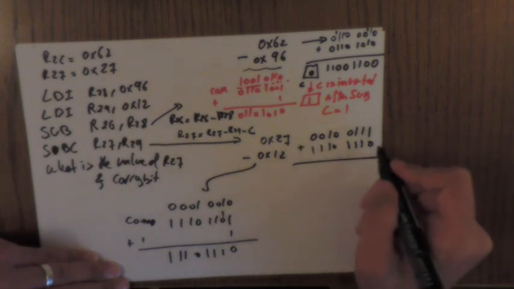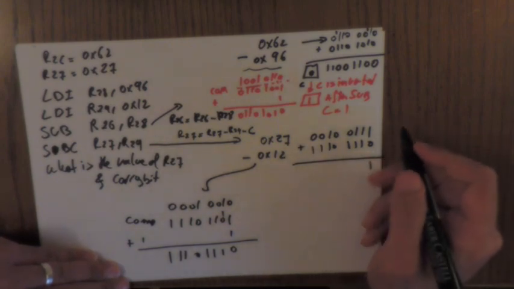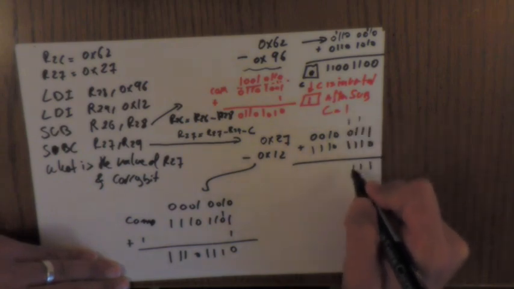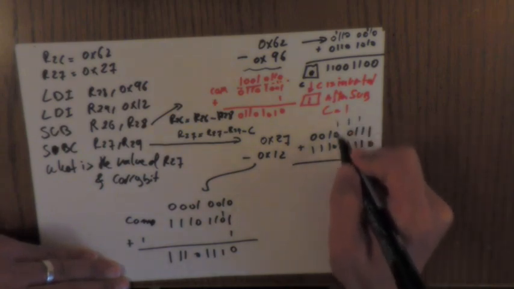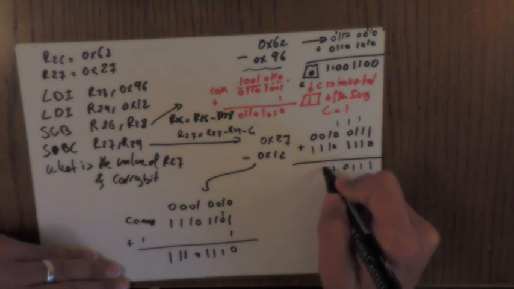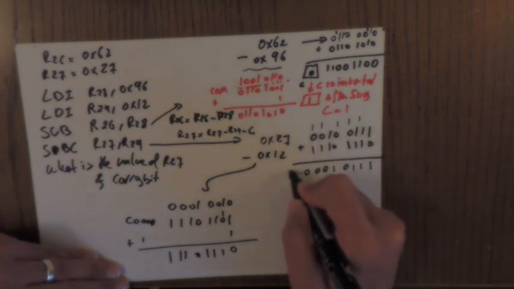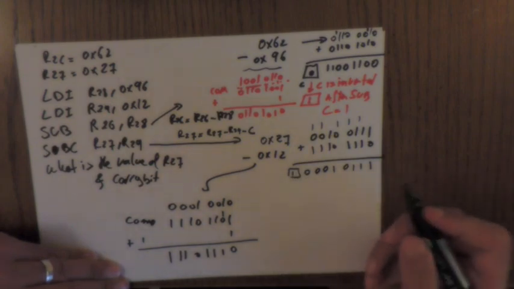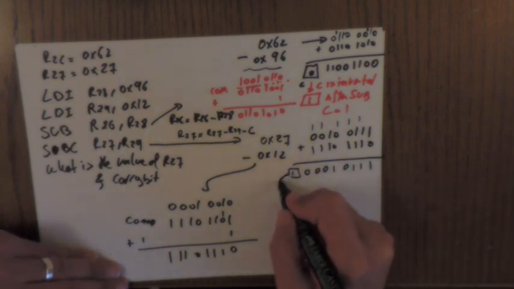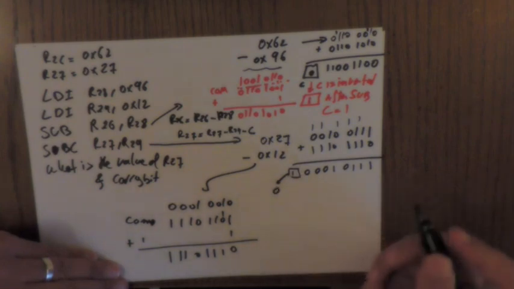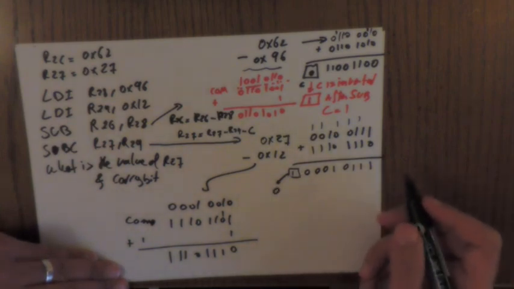Let's add them together. Okay. And here the result is 0, then 1, and the carry is equal to 1. Remember, here the carry will be inverted, so this will be 0. And then we subtract 1 from it.